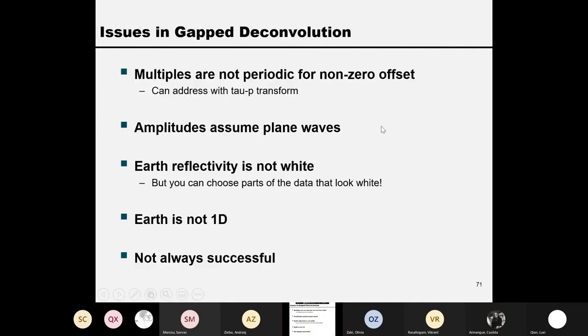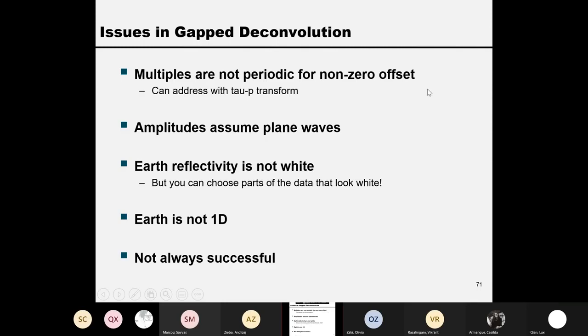Right. Issues with the predictive decon. We already said that actually. Let me summarize that. First of all, the multiples may not be periodic for non-zero offset.